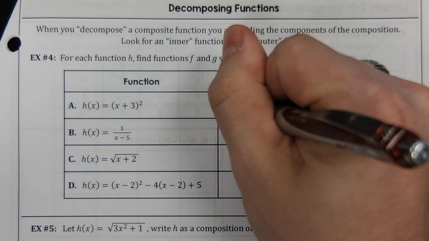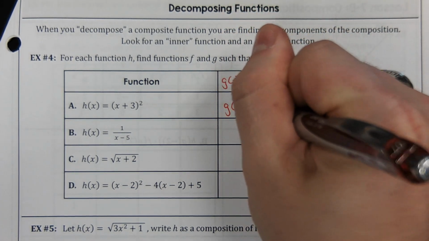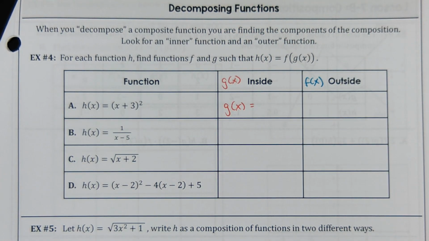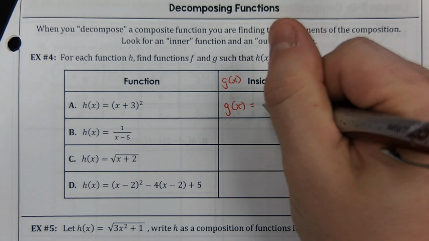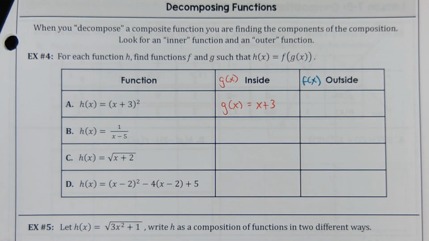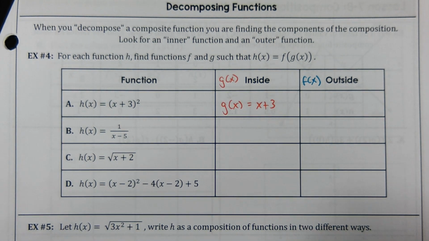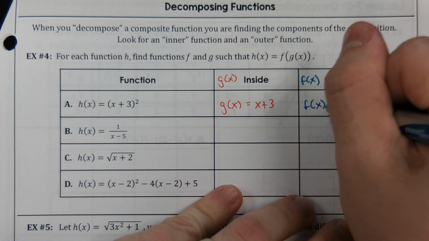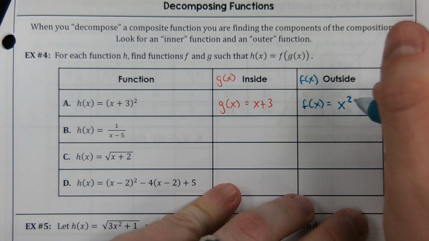What appears to be inside something else? x plus 3, yeah. x plus 3 happens to be inside of a squared structure. That means my outside is simply the squared structure. x squared.